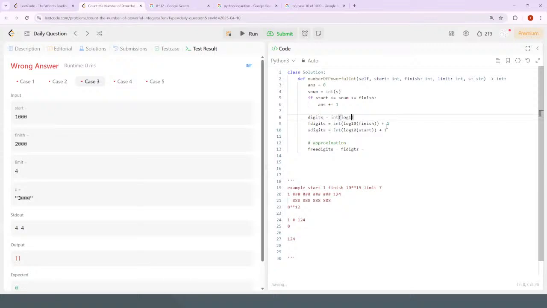So log 10 of string s. So F digits minus the number of digits, is that right? So if your finish has 16 digits, wait, this had 16 digits?